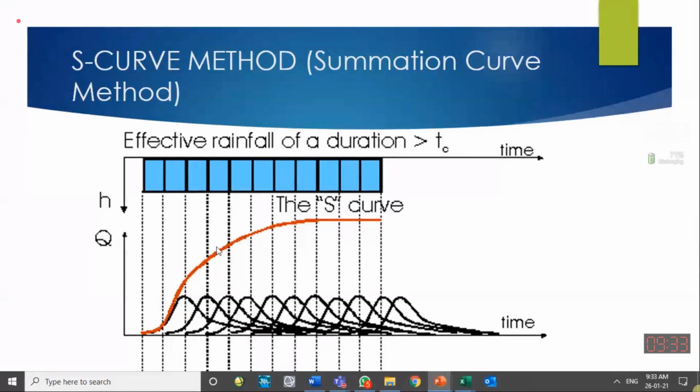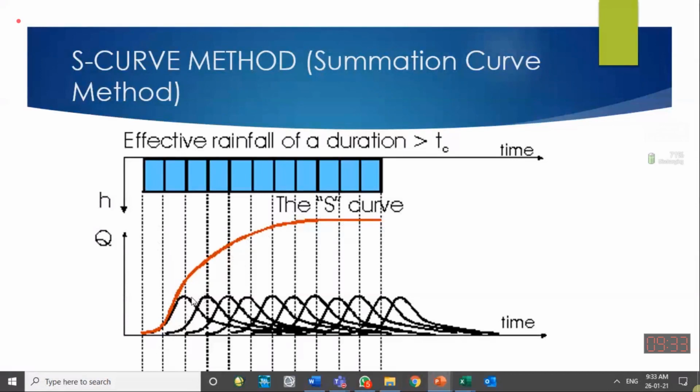That's why it becomes saturated, or stagnant, at a certain level. At this point, whatever rainfall is coming to the catchment is reaching the outlet. So any further continuation of the rainfall does not increase the runoff at the outlet.